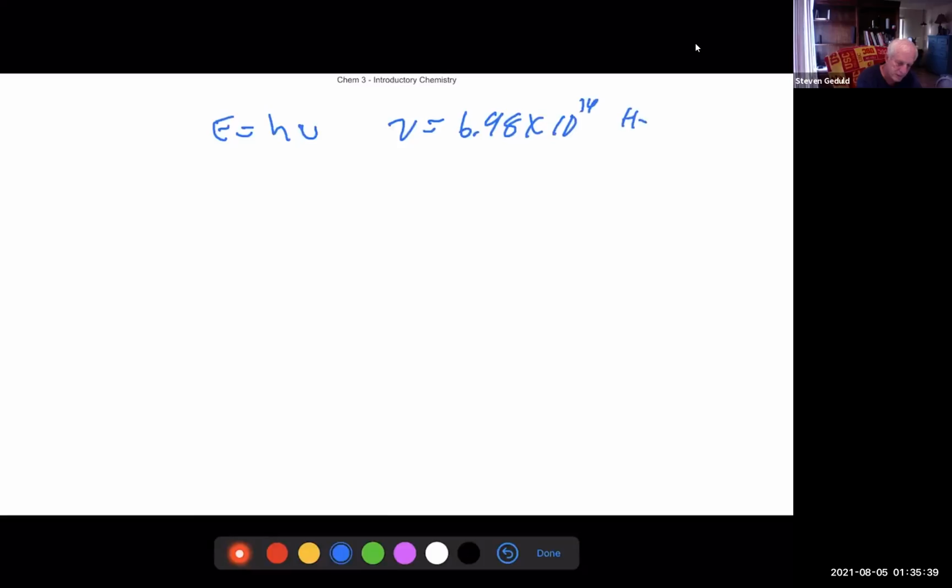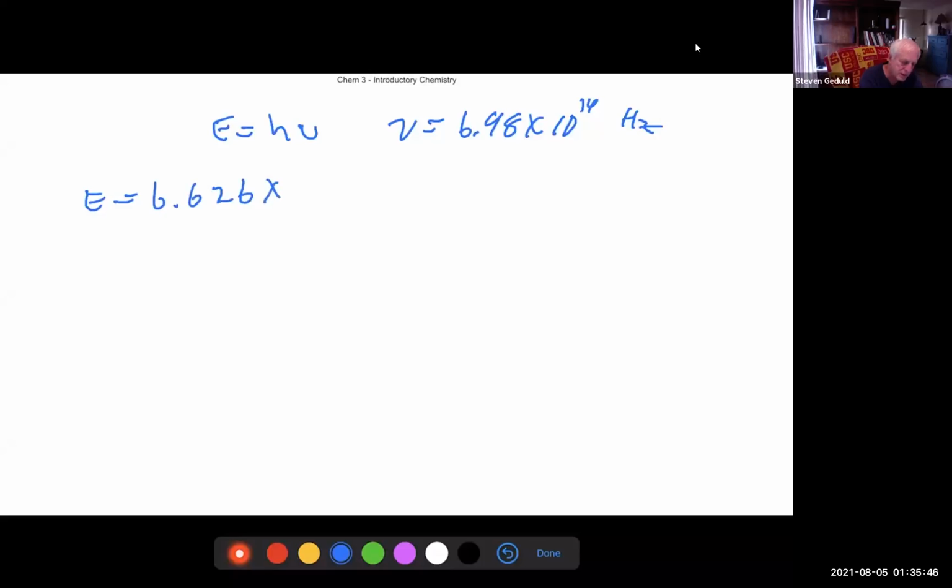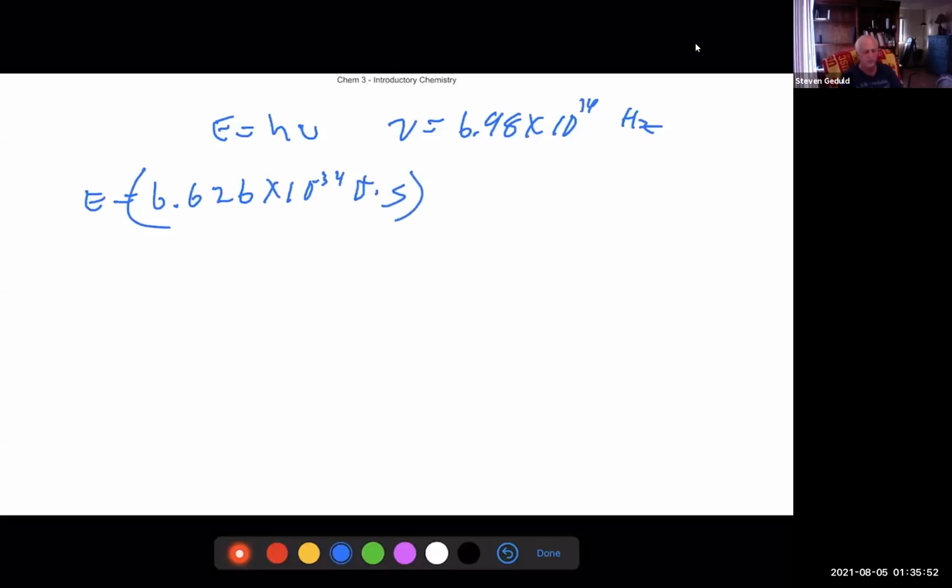All right. So energy, Planck's constant, 6.626 times 10 to the minus 34 joule seconds. And our frequency is 6.98 times 10 to the 14 hertz, which is per second. So the per seconds cancel.